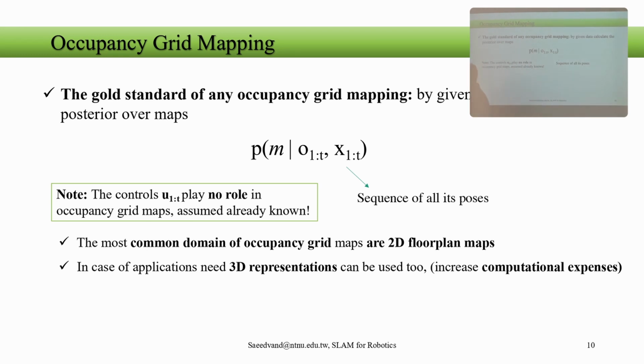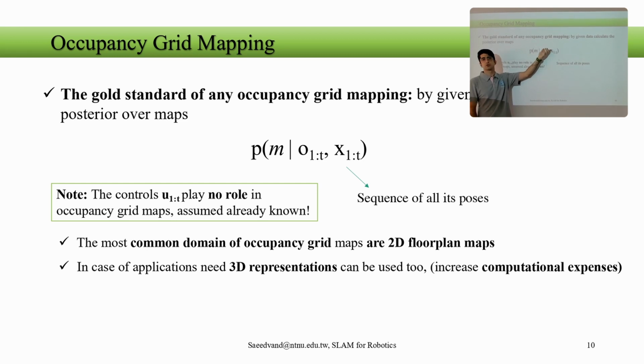On the other hand, the golden standard that we have for occupancy grid mapping by given data can be calculated by the posterior over the map, that we say the probability of m, the map, given the observations 1 to t and the sequence of all poses that the robot has as x's. So what does it mean? It means that we want to construct the occupancy grid map by observations and robot poses.